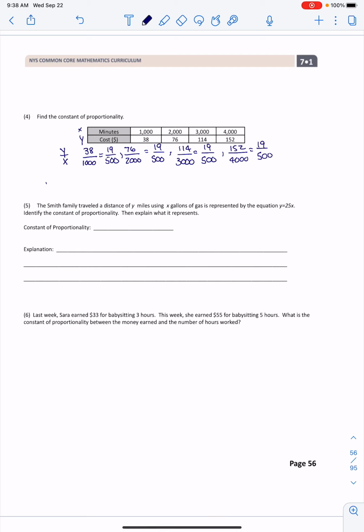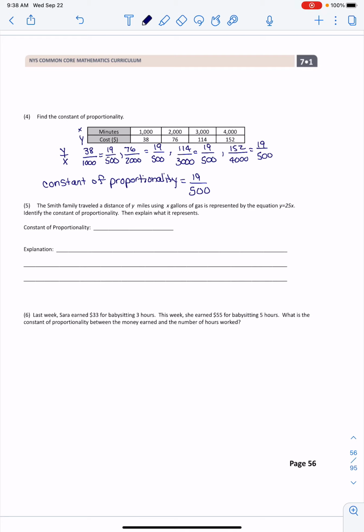So our constant of proportionality, or our unit rate, is 19 over 500.